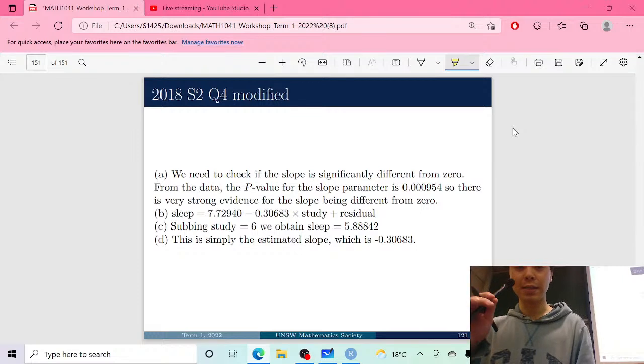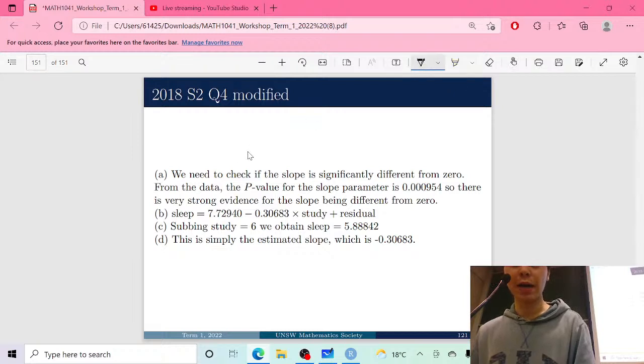And so what we can say is that there is very strong evidence for the slope being different to 0, because we are basically rejecting the null hypothesis. And for the null hypothesis, we always assume that the parameter for slope is 0. So for part A, we say yes, they are statistically significant.